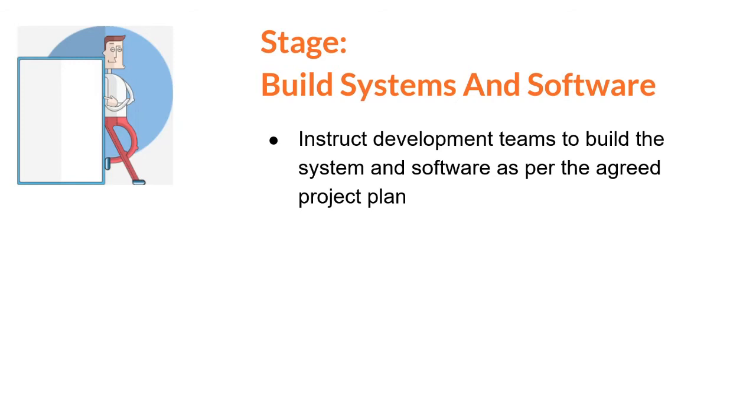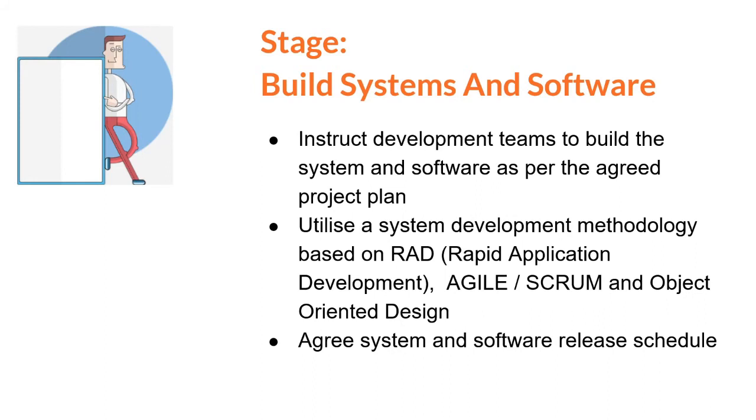We agree system and software release schedule, so the project plan, which contains a copy of the development plan, states when different components and functionality of the system is going to be built and when it's going to be released for testing to the test team and to the customer groups and to the customers, external customers.